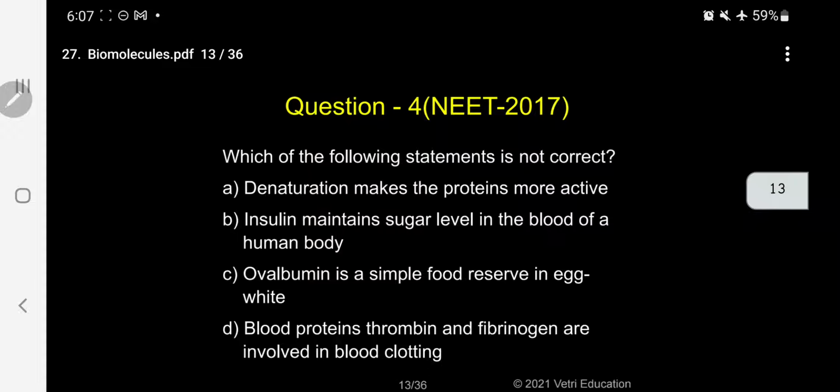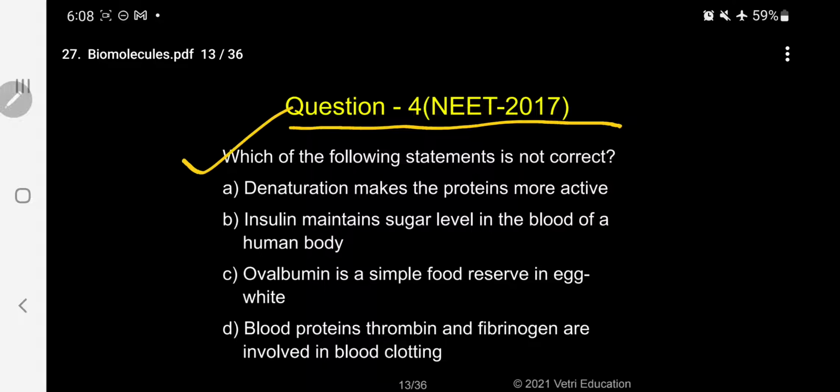Okay, let me come to the fourth question asked in NEET 2017. Which of the following statements is not correct? Please follow, not correct. A. Denaturation makes the proteins more active. B. Insulin maintains the sugar level in the blood of the human body.